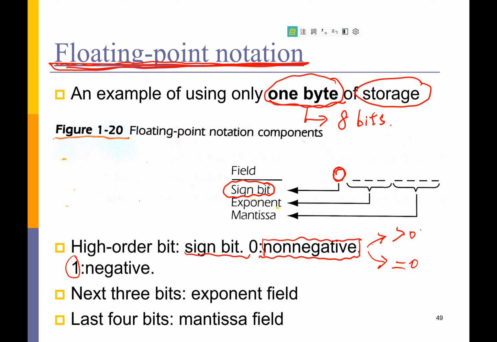But if the sign bit is 1, it means this value is negative. The remaining 7 bits are used for representing the absolute value of the value you are going to represent in this 8 bits. So the first bit represents the sign: 0 means positive or 0, and if the sign bit is 1, it means this value is negative.